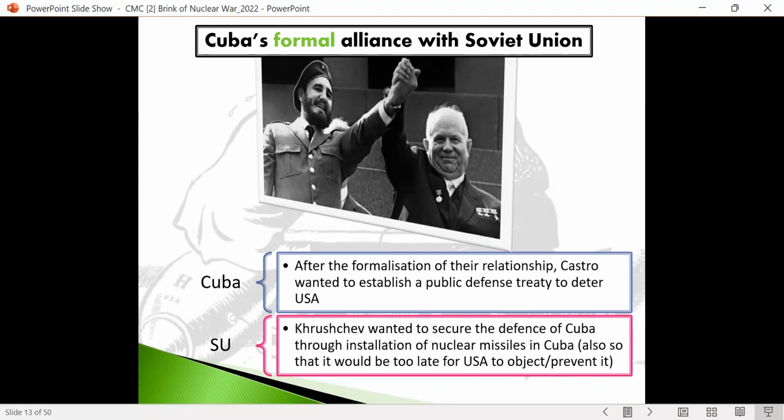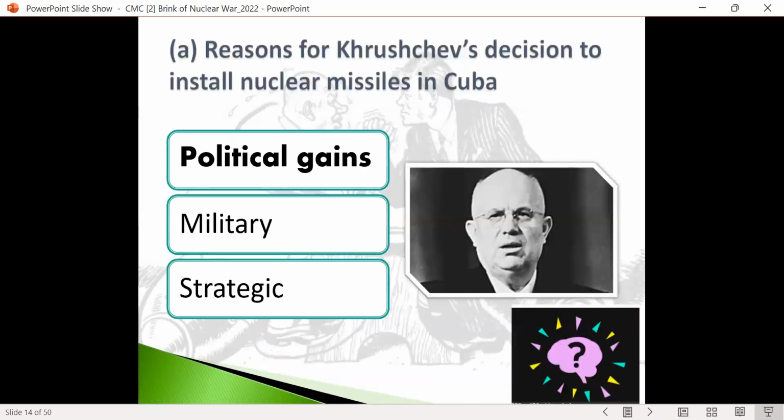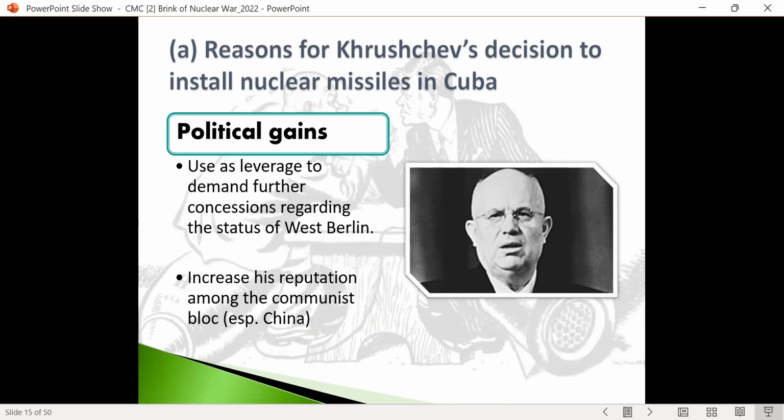Now we come to the reasons for putting these missiles in Cuba. For Khrushchev of the Soviet Union, his decision comes with three different ideas. Firstly, political gains.